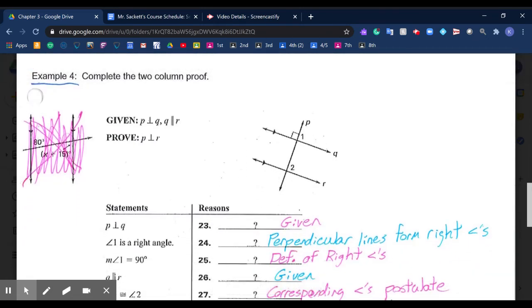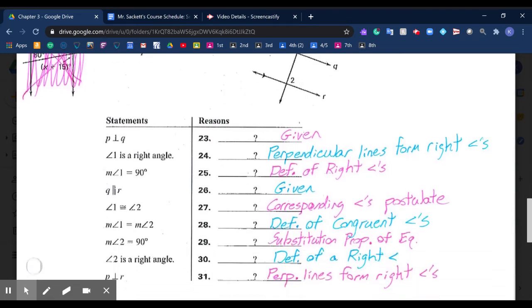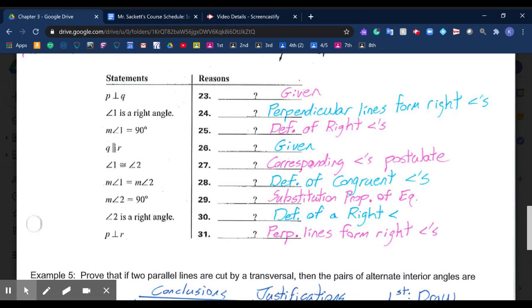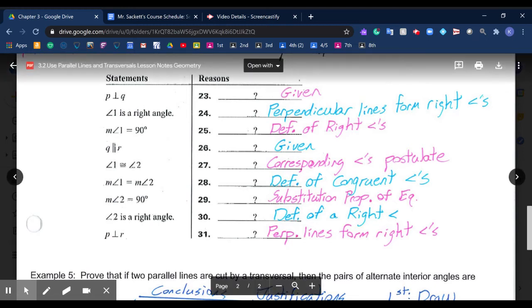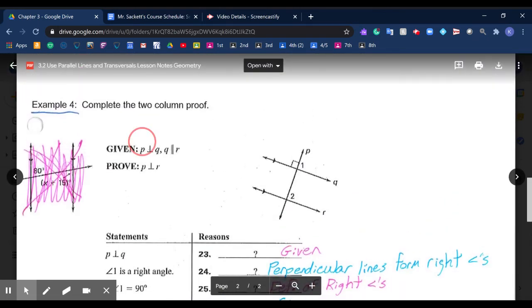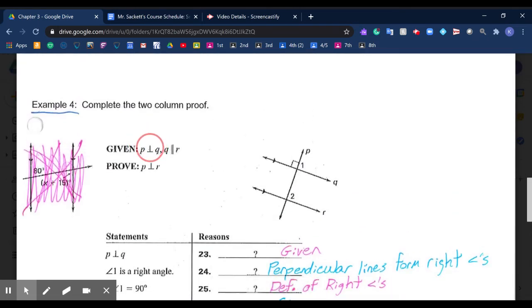And we're going to look at our proof. So we have our given statement and our prove statement. They gave us all the statements on the left. We need to provide all the reasons or justifications on the right. So our given information was that P is perpendicular to Q. The upside down capital T symbol is perpendicular.